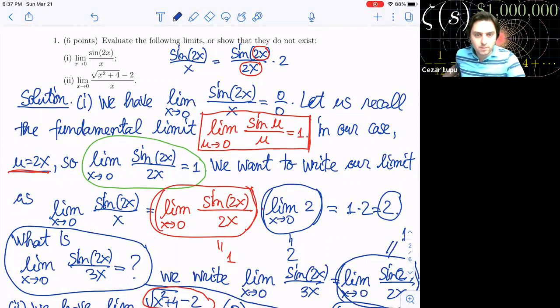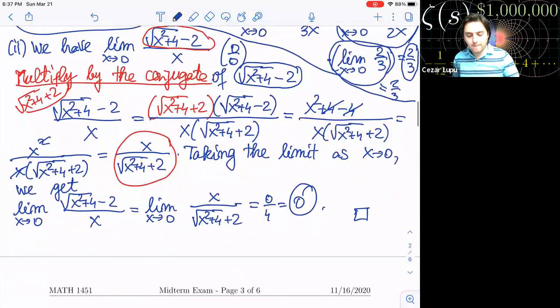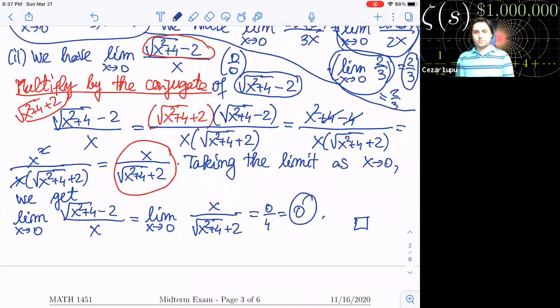I want to hear questions about this one here. You see, why is it 4? When I plug it in, look.